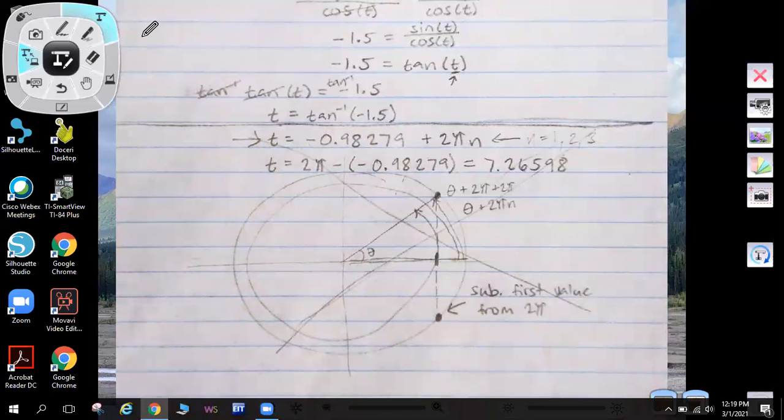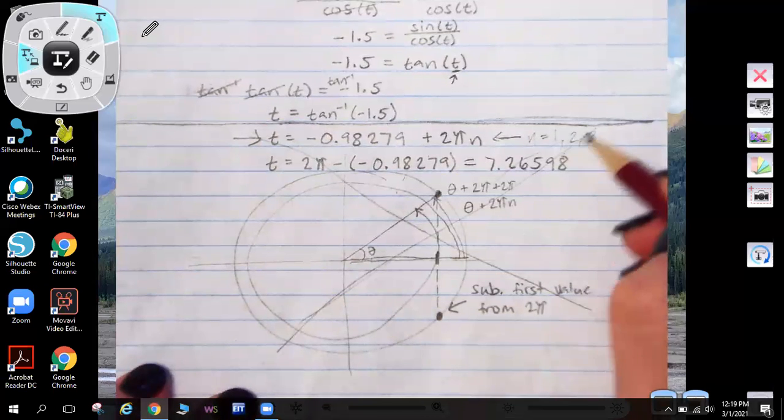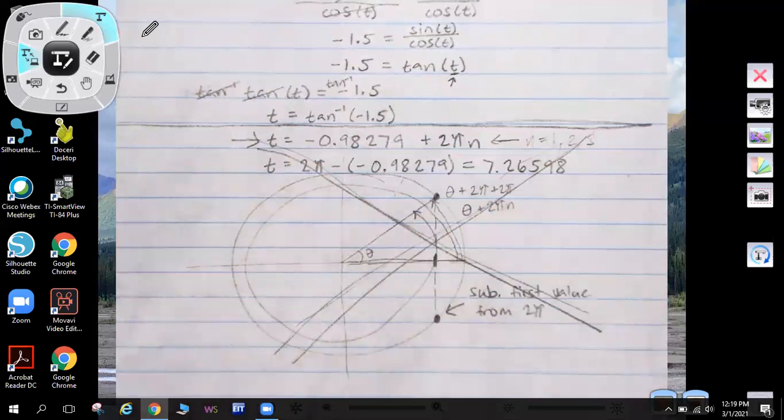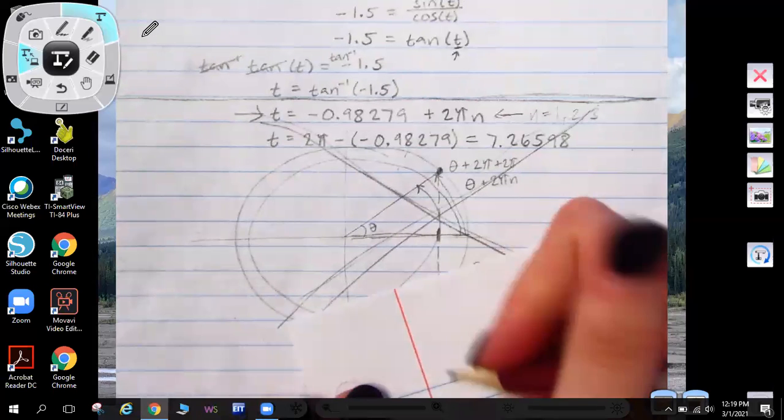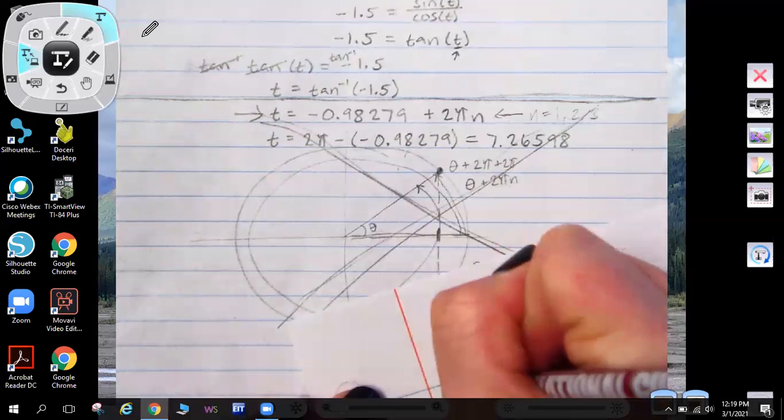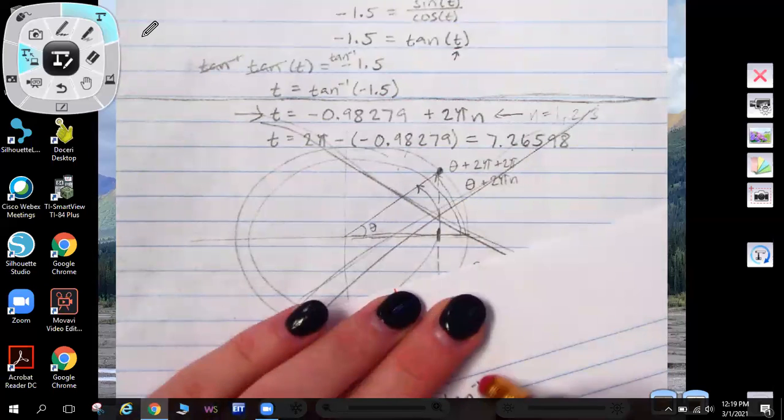Erasing, yeah. Okay, so I'm going to start. Tan inverse, oh sorry, t equals.